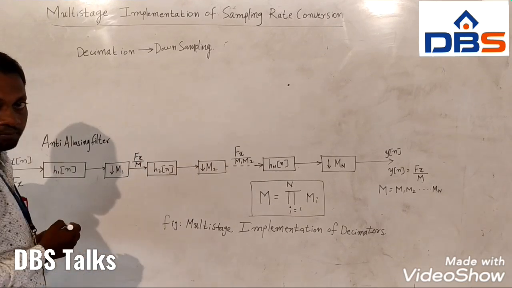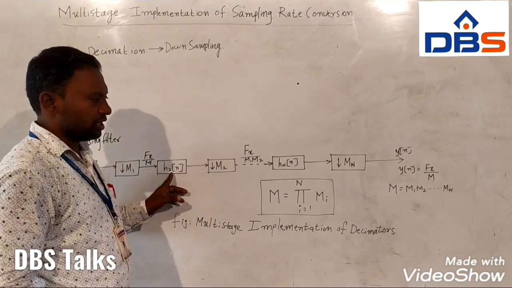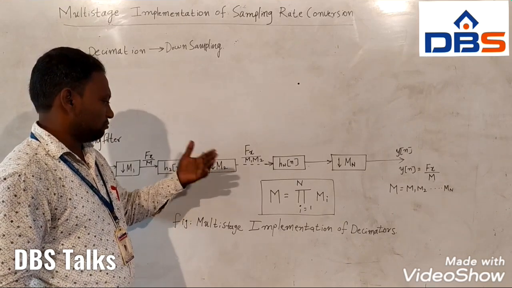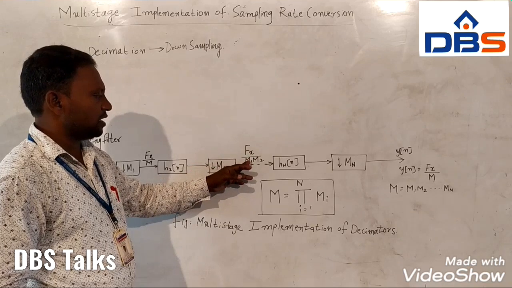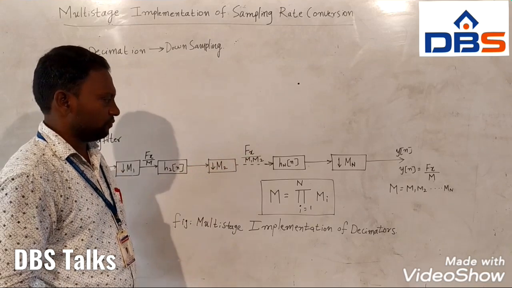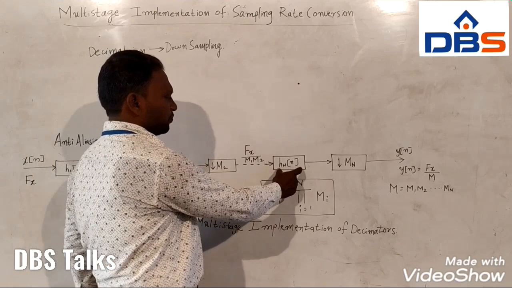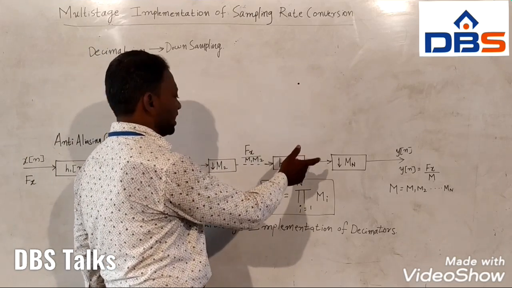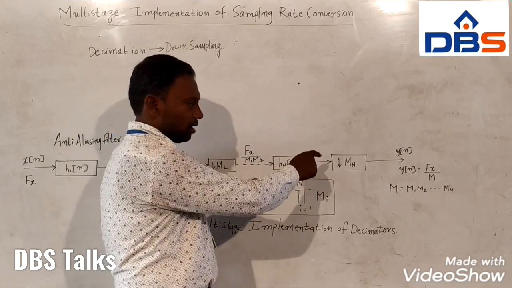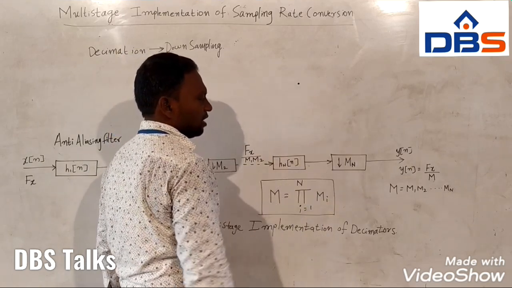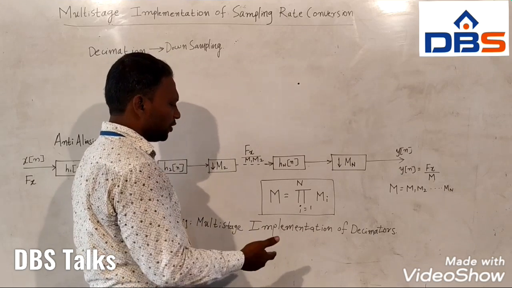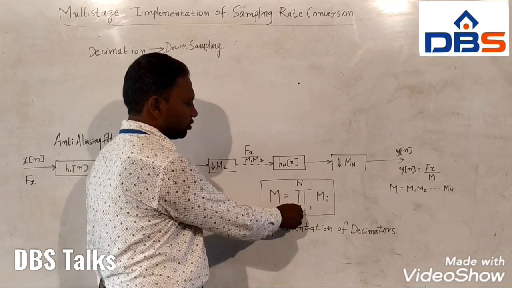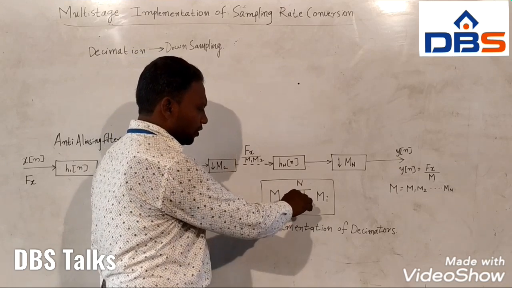So H1 of n is the anti-aliasing filter, and its purpose is to remove the high frequency components which lie outside the required frequency. Then the output is downsampled by M1 and passed through H2n, again the second anti-aliasing filter. Here you get Fx by M1.